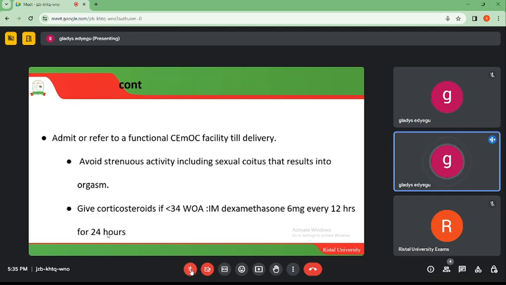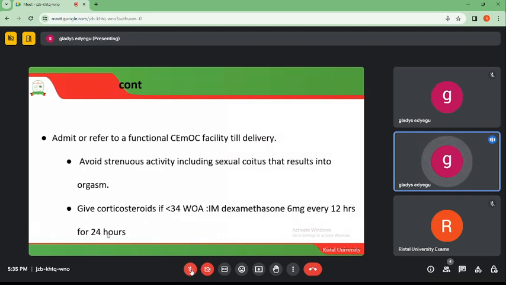So besides giving the advice and the counseling on strenuous activities, we also give corticosteroids, and that is if the pregnancy is less than 34 weeks of amenorrhea, we give IM dexamethasone 6 milligrams every 12 hours for 24 hours. 24 hours we very well know is 1 day.